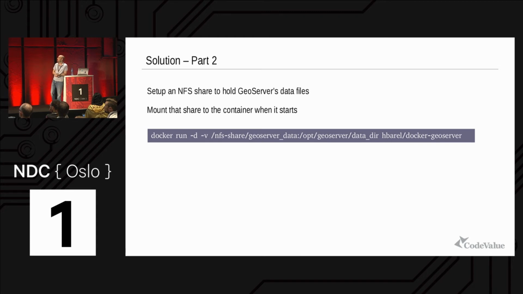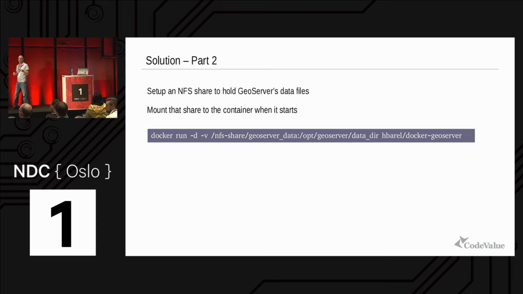That was the actual Docker command we used to run it. The -d flag means it's detached, so it's a background process. And the -v flag, that's the actual interesting part, that's the volume mount. Which means we have a folder called NFS share Gale Server data that is mounted into the container storage of Gale Server.